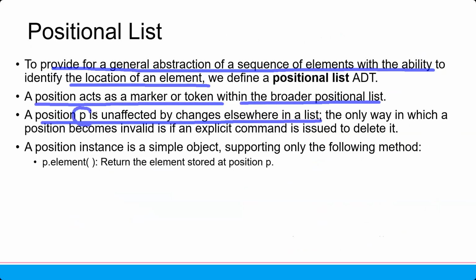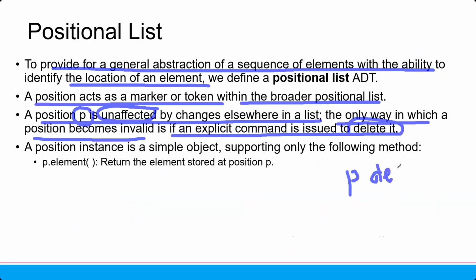A position P is unaffected, meaning it is not affected by changes in any other position. The only way in which a position becomes invalid is if an explicit command is issued to delete it. So if the position P is deleted, then it is removed.